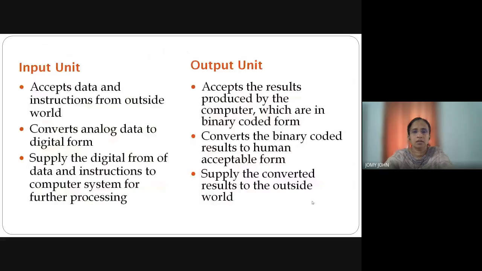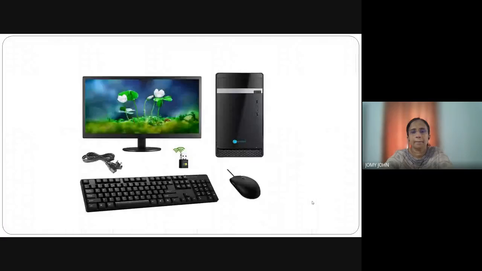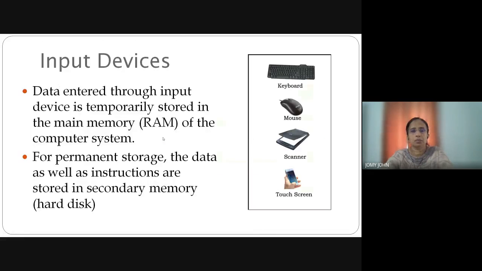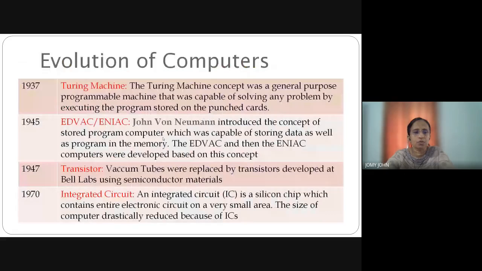You can go to the slide. Can you see this figure? This figure is based on the John von Neumann concept. Input, you have CPU and memory, you produce output. The stored program concept: the program and data can be stored in memory. That concept was introduced by John von Neumann.